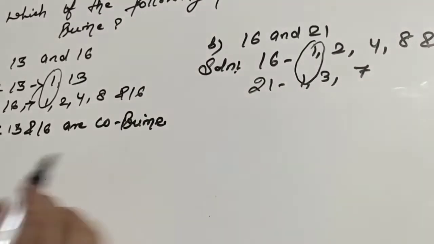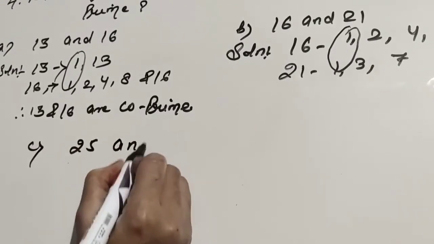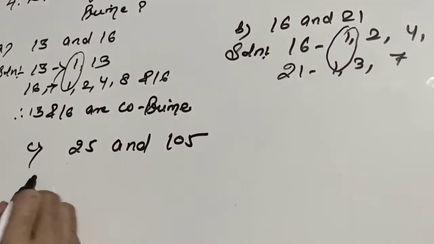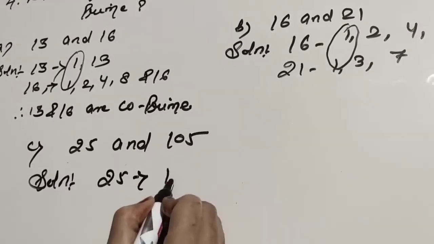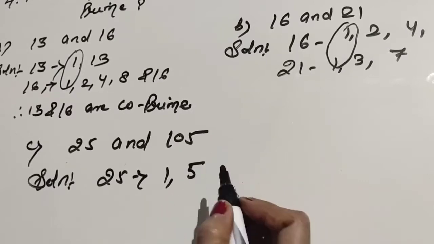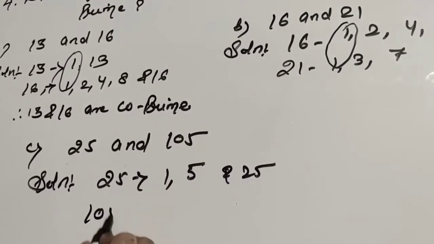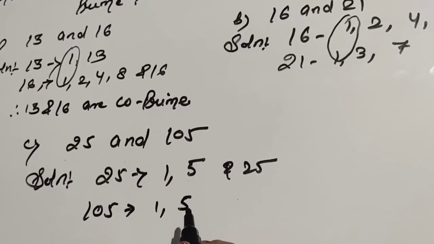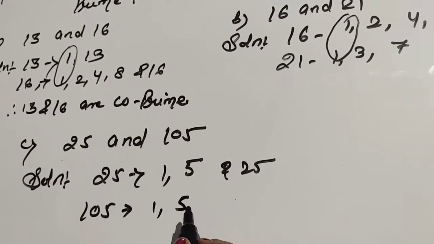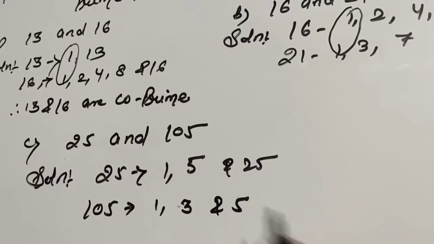Okay. One more example I give you. The number given is 25 and 105. So what to do? For 25 write 1, 5 and 25. Now for 105, the table of 1 comes, then 3 and 5, and 1, 3 and 5 are factors of 105.